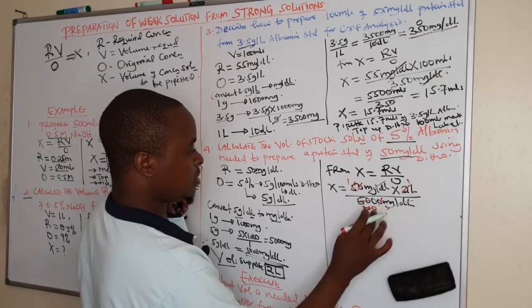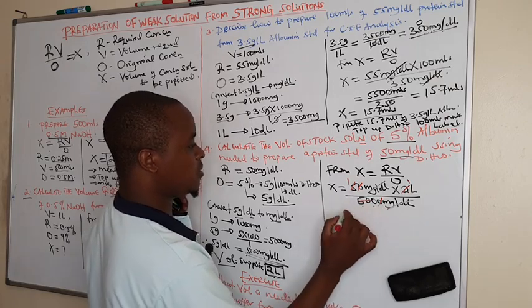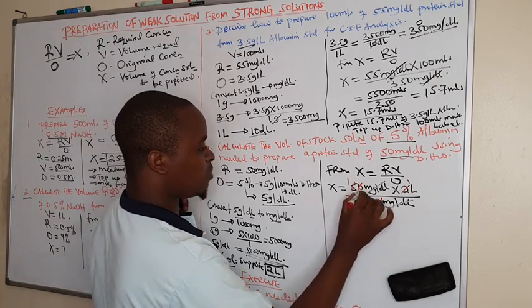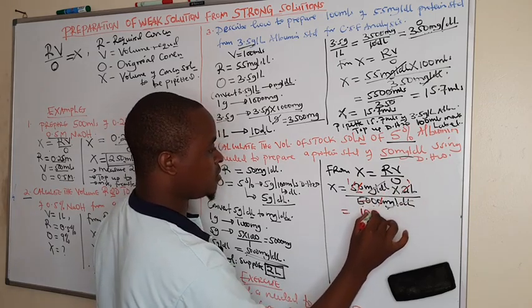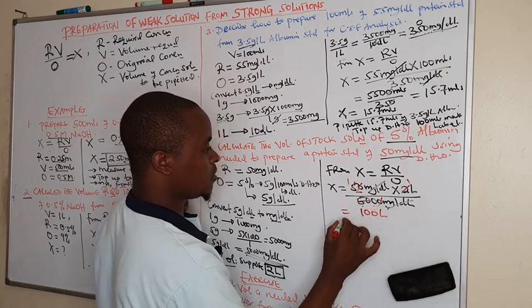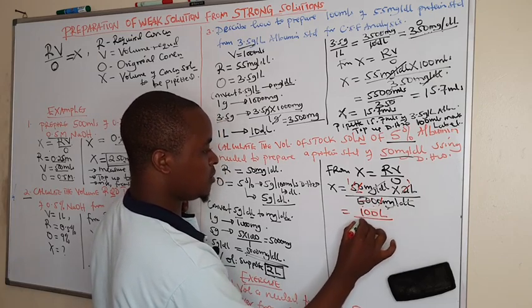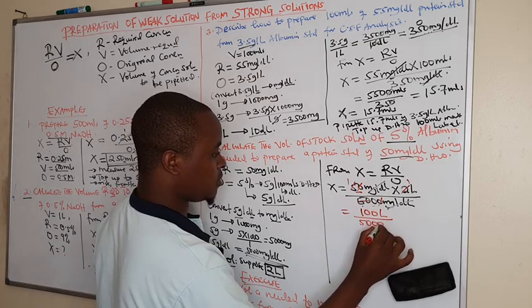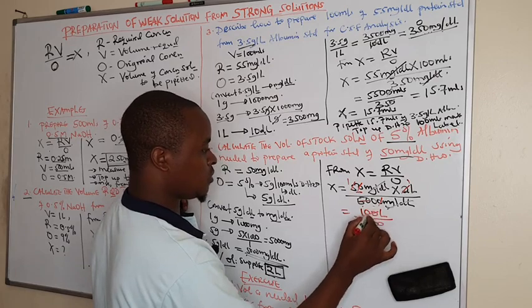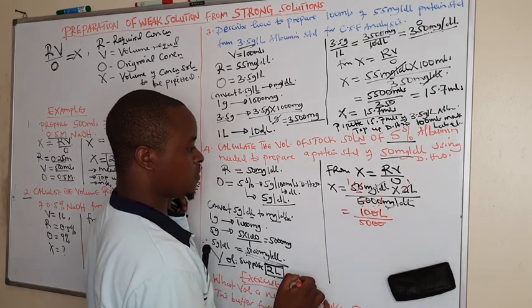Let me do it in this format, whereby I can first multiply 50 times 2. 50 times 2, that is 100 liter, divide by 5,000. And these 2 zeros go with these 2 zeros.